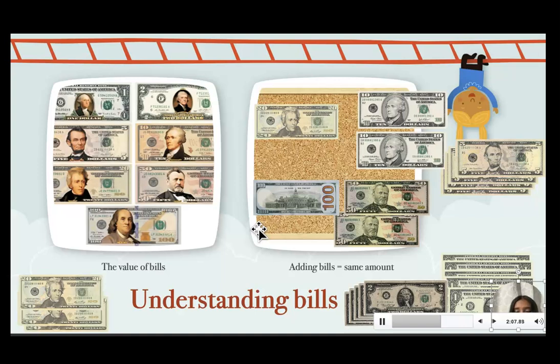And exactly the same as I explained before, money can be applied with smaller bills to equal the same amount as a larger bill. For instance, in order to get $20 worth of money in smaller bills, we can put $20 here.